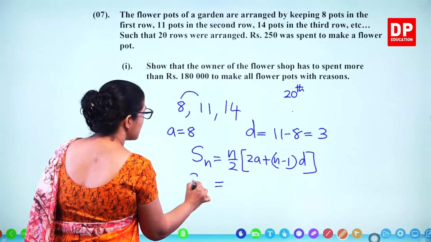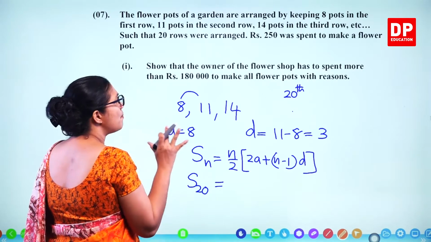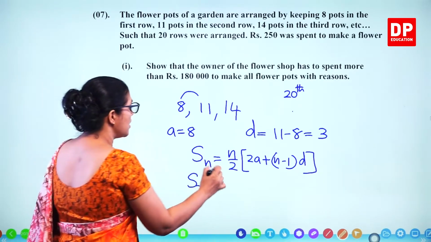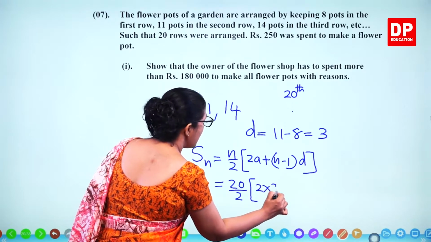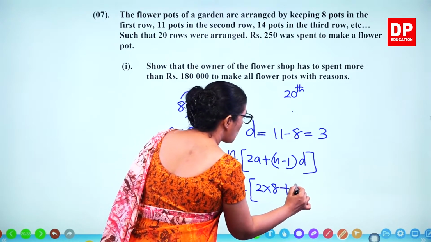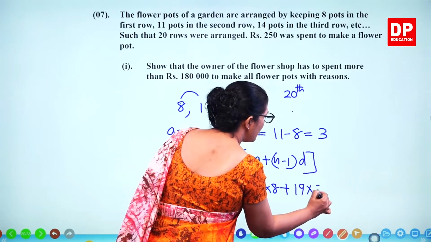So N is 20. We need total pots for 20 rows. 20 divided by 2. 2 times 8 plus 20 minus 1, that's 19 into 3.